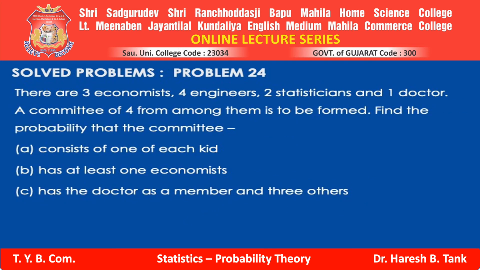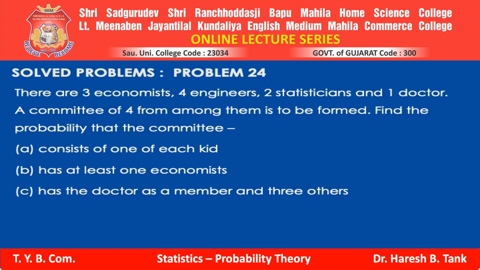Next example. There are 3 economists, 4 engineers, 2 statisticians and 1 doctor. A committee of 4 from among them is to be formed. Find the probability that the committee consists of one of each kind.